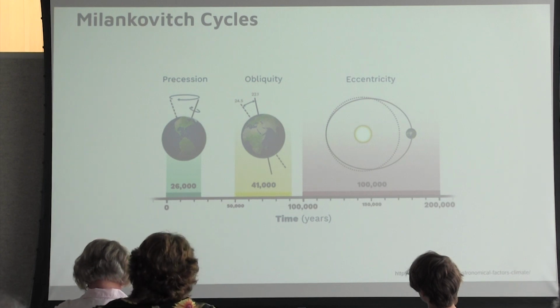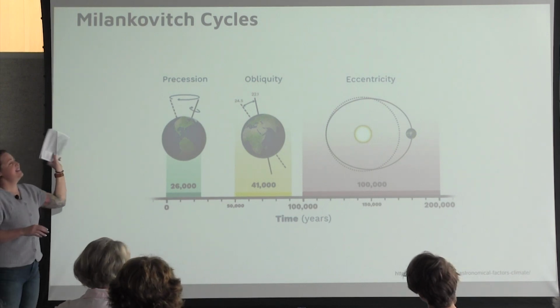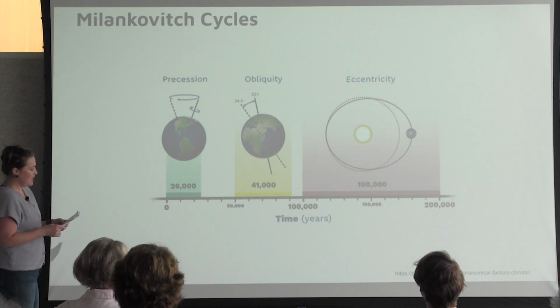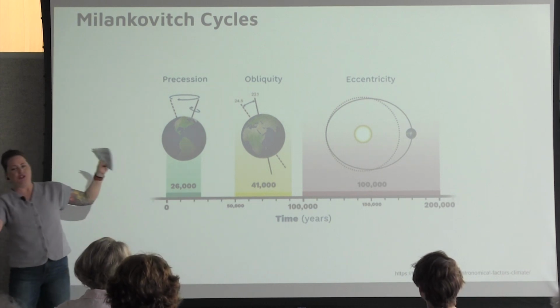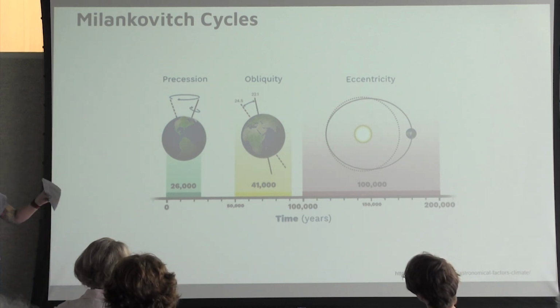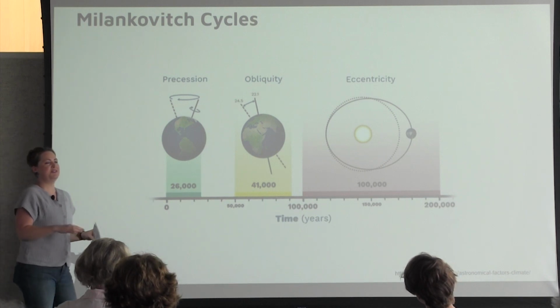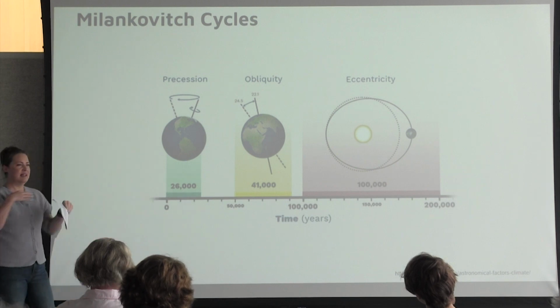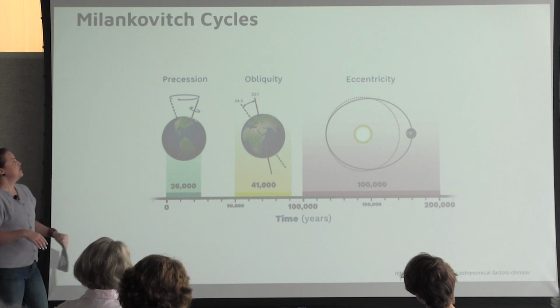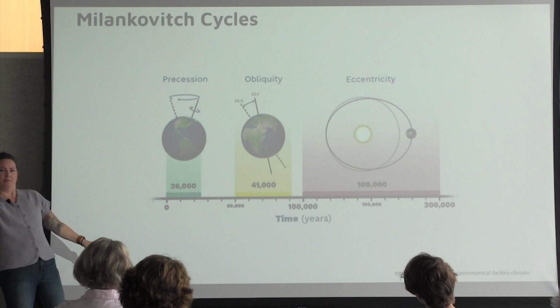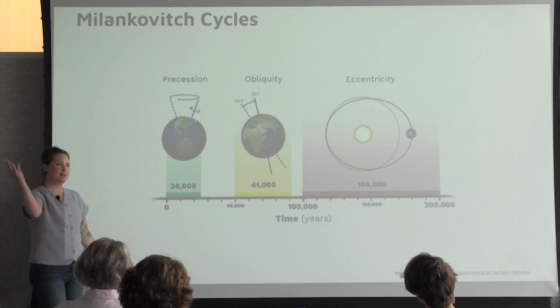One of the major things though that has effect on our climate is these things called the Milankovitch cycles. It's basically the change, wobble and tilt of our planet as it orbits the sun. And any of that that changes can change how climate happens on our planet. So we have precession, that's the wobble, where our North Pole is pointed.